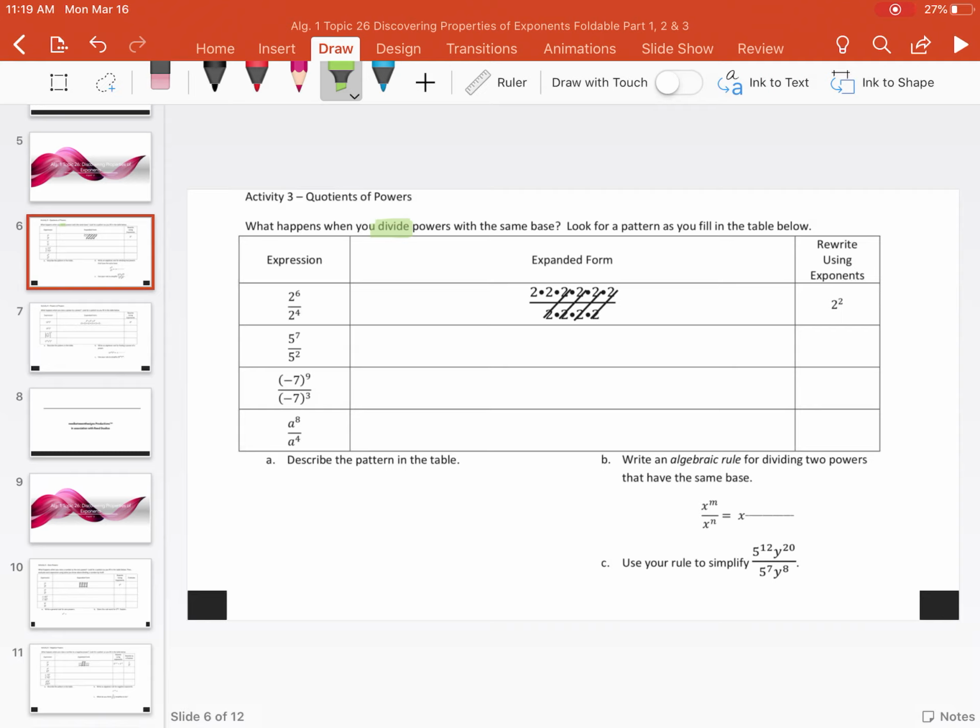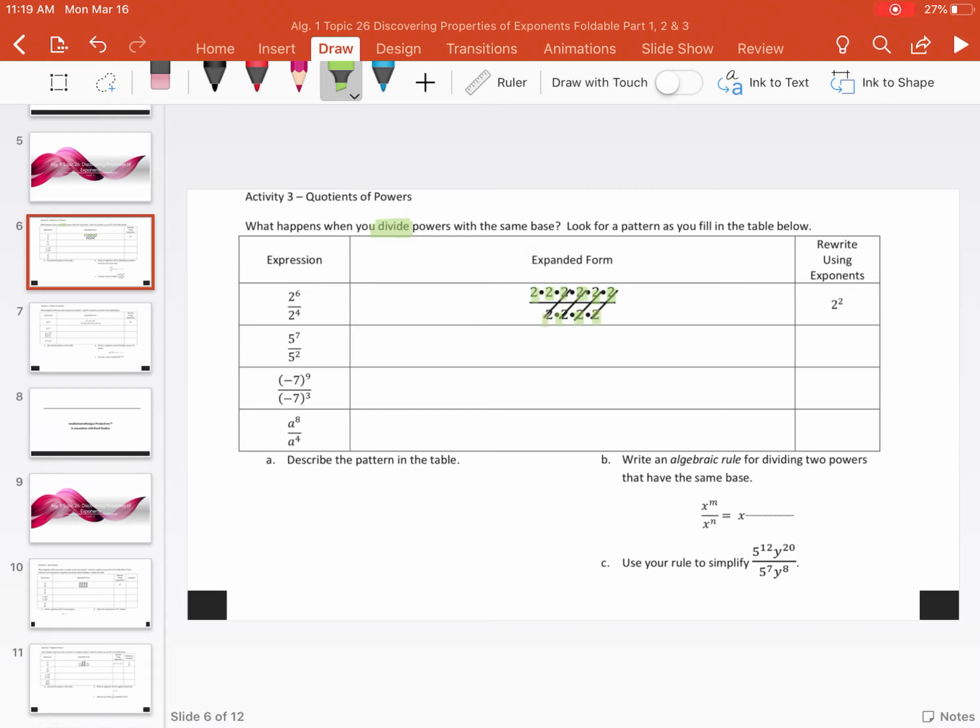So we're going to look for a pattern as you fill in the table below. Our first example is done for us. They have 2 to the 6th over 2 to the 4th. When we're expanding, this 2 to the 6th means that we're multiplying 2 6 times. And 2 to the 4th, we're multiplying 4 times.